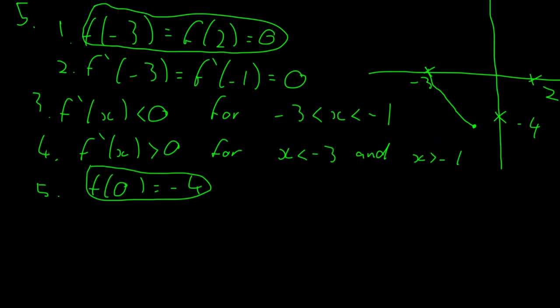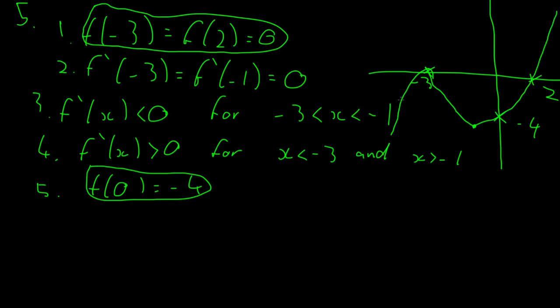And for this 4, when the derivative is greater than 0, that means the line's going up. When minus 3 is greater than x, so up there, and when x is greater than minus 1, which is up here.